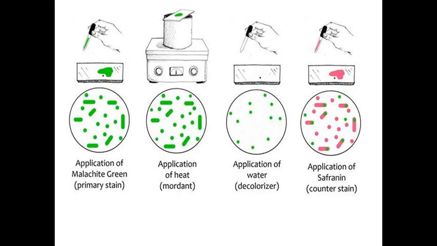Further, the slide is treated with malachite green stain and allowed to react for about 10 minutes. After the smear preparation, you add the malachite green as a primary stain on the surface of the smear, and this slide is then kept on a water bath and we apply heat, and heat acts as a mordant.